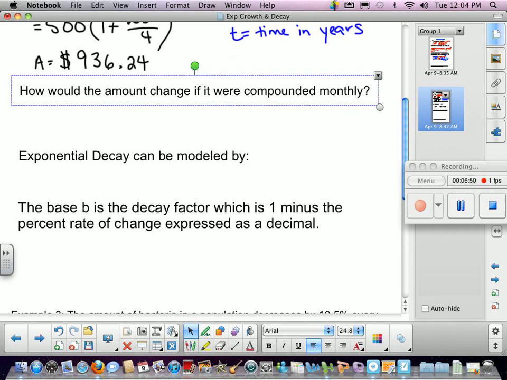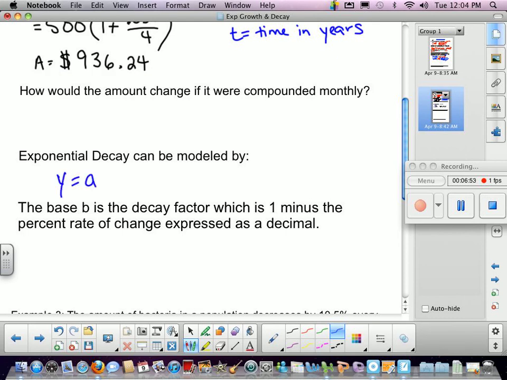All right. So decay has the same equation. It's modeled by y equals a times b raised to the x. The only difference between exponential growth and decay is the minus. Okay. So if we take that same type of problem, 7% decay, we have the initial amount being 20.